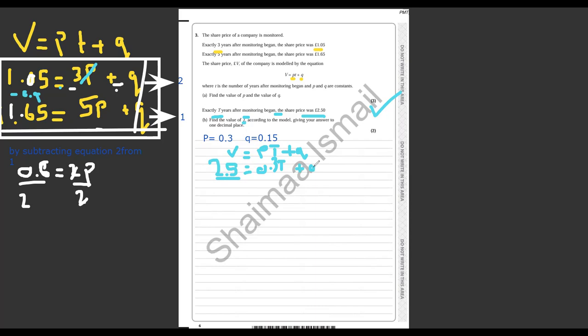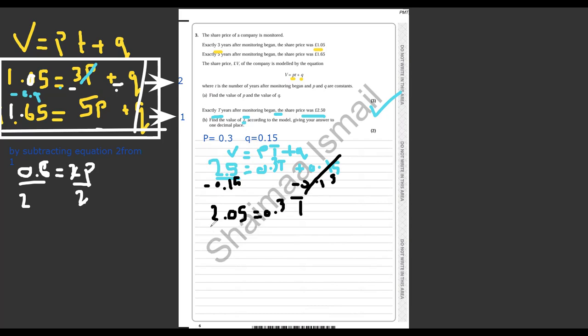plus 0.15. Very easy. What we do is solve the equation: subtract 0.15 from both sides, so we cancel this, and here 2.5 minus 0.15 is 2.35, which equals 0.3T.